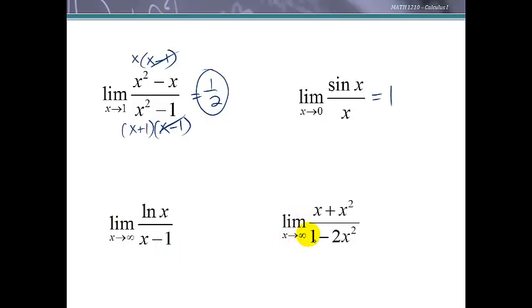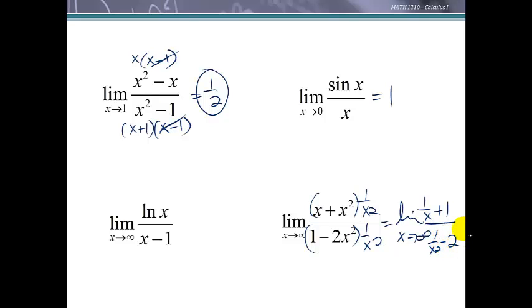Looking at this fourth one, we would also get infinity over infinity, but one of the things that we learned is we could multiply numerator and denominator by the highest powered x that appeared here. And when we do that, we would have the limit as x approaches infinity of 1 over x plus 1 over x squared, over 1 minus 2.